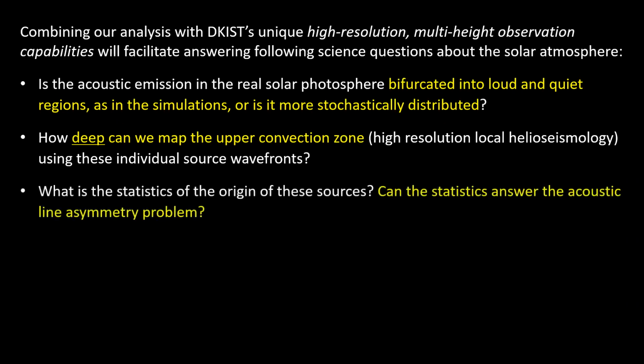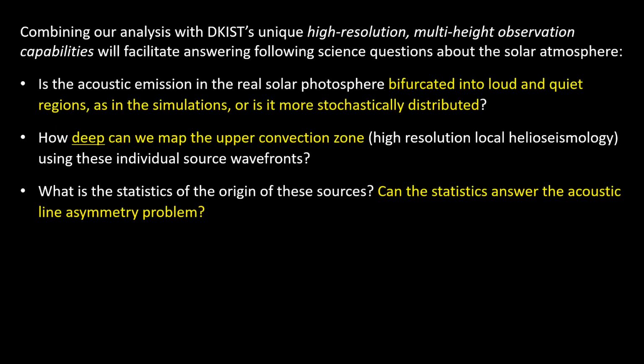And then we can also learn about where the origin of these sources is. Are they mostly shallow or are they mostly deep, right? If they have any specific structure in their statistics. And there is a long-standing problem in the acoustic spectrum of the P modes that we call the acoustic line asymmetry problem.